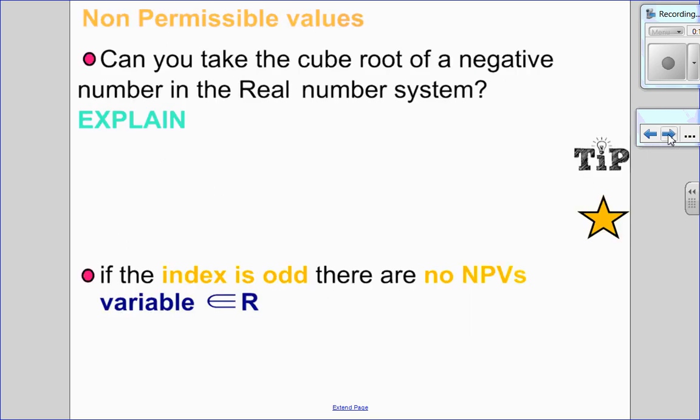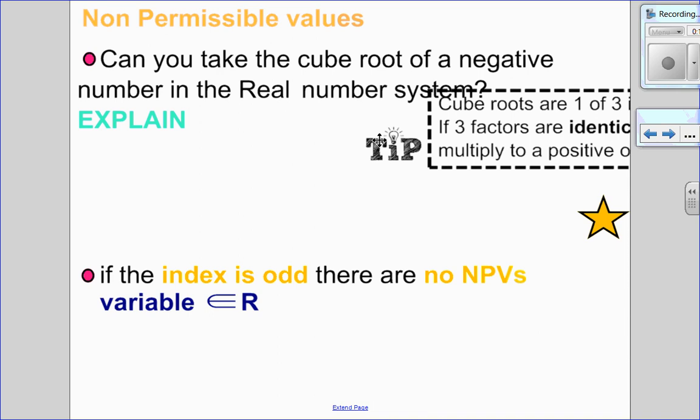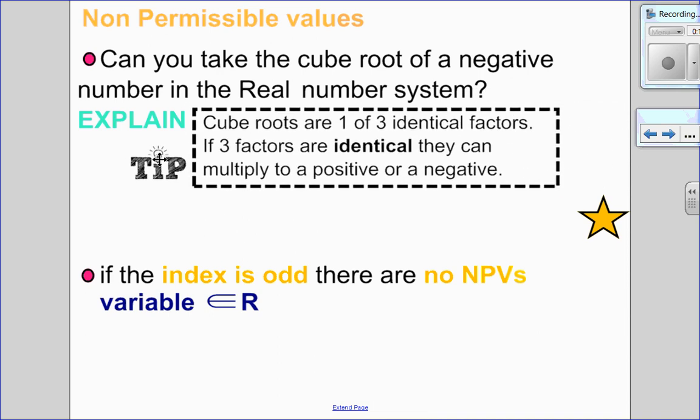Let's talk about non-permissible values. Can you take the cube root of a negative number in the real number system? Let's look. Same logic as for square roots: cube roots are one of 3 identical factors. If the 3 factors are identical, it can multiply to a positive or a negative. I have negative times negative times negative.